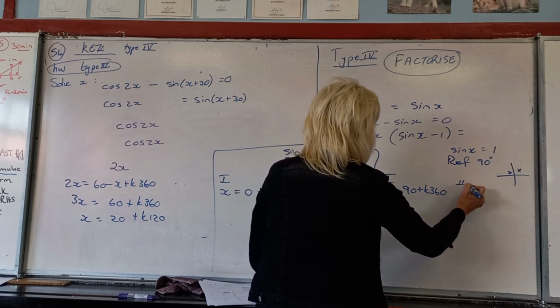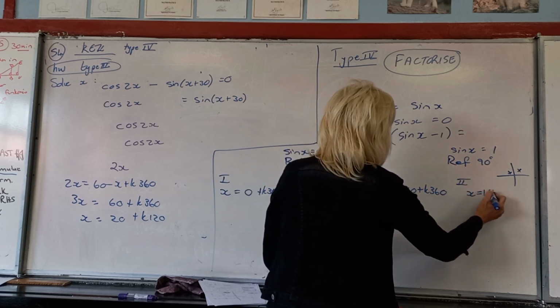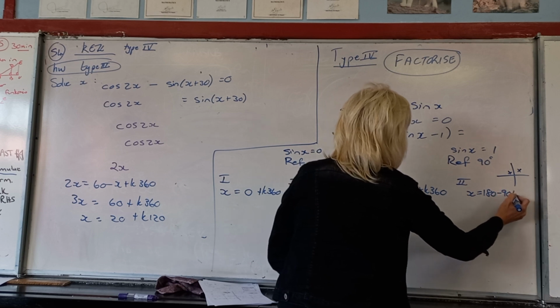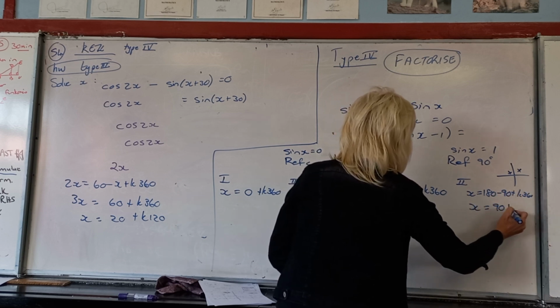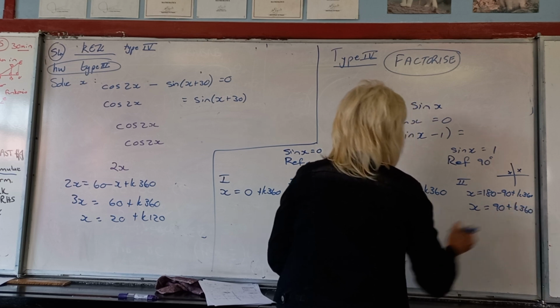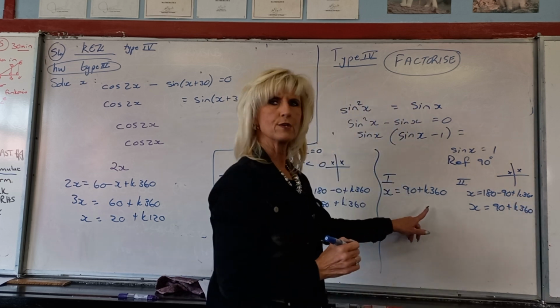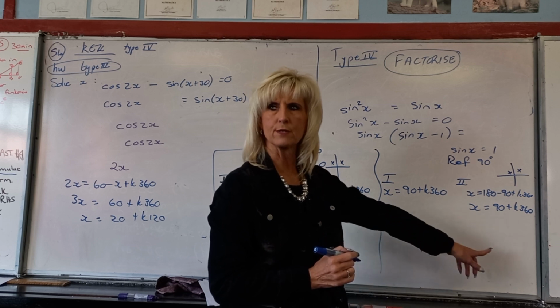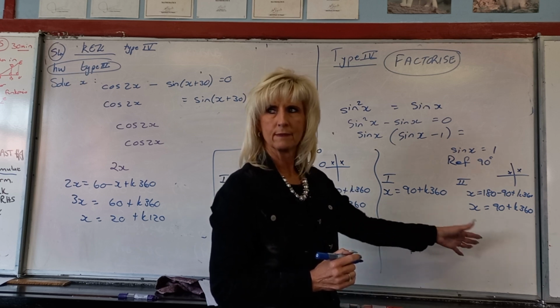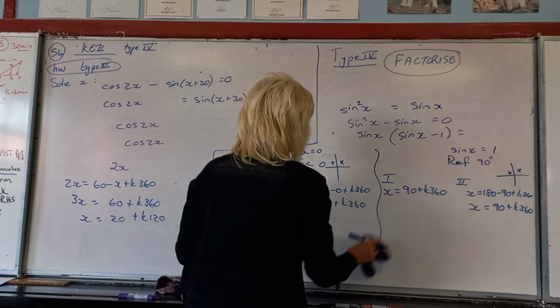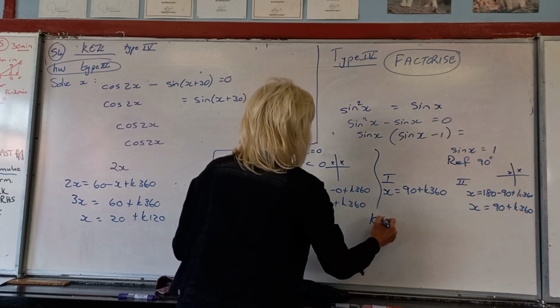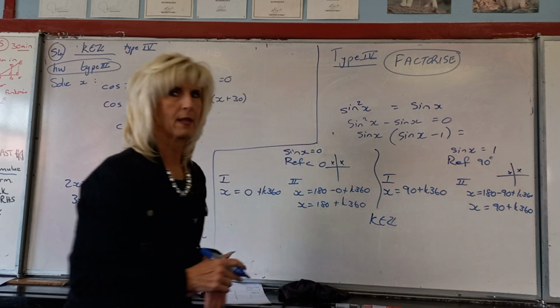And for quadrant number 2, 180 minus 90 plus k 360. Look what happens here, just by accident. Oh, it's one of those sums that I say x is 3 or x is 3. Same thing. Are you with me? And the only thing I mustn't forget is and then you've got full marks.